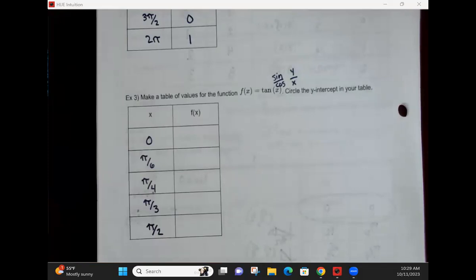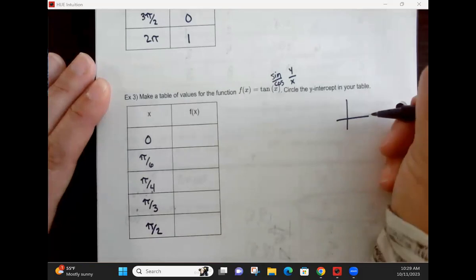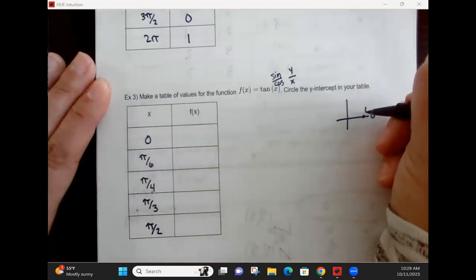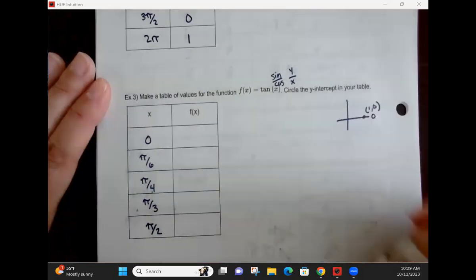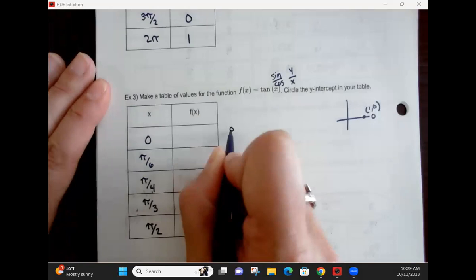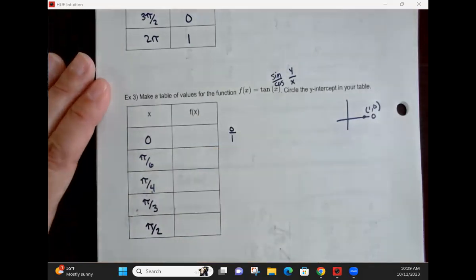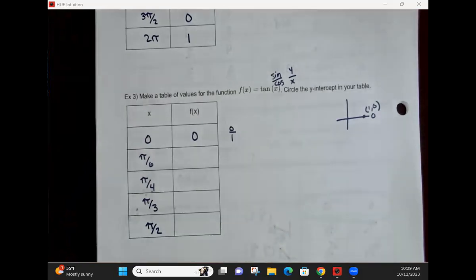So for 0, right, that's here. We're looking at the point 1, 0. That would be sine over cosine. So that would be 0 over 1. The tangent of 0 is 0.